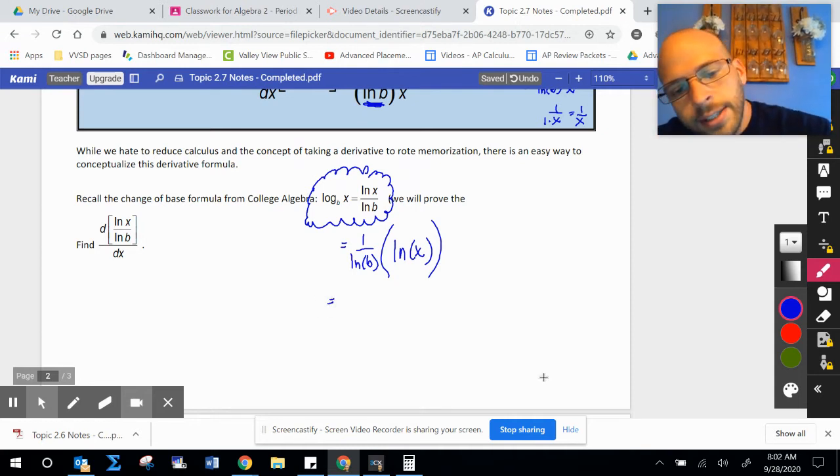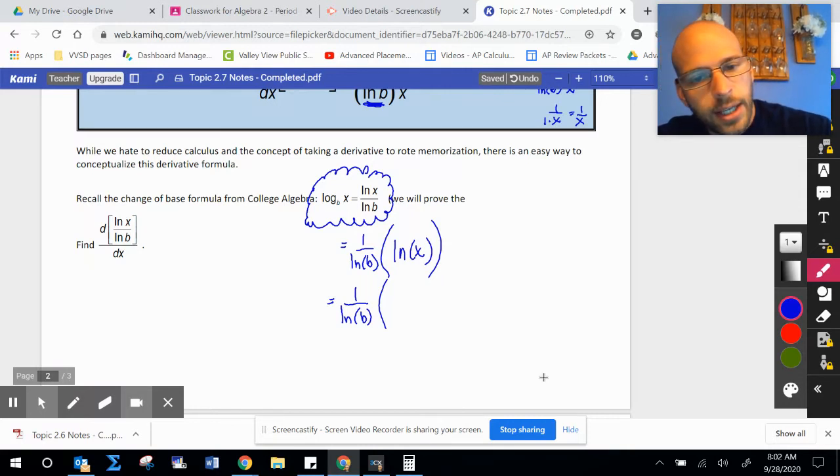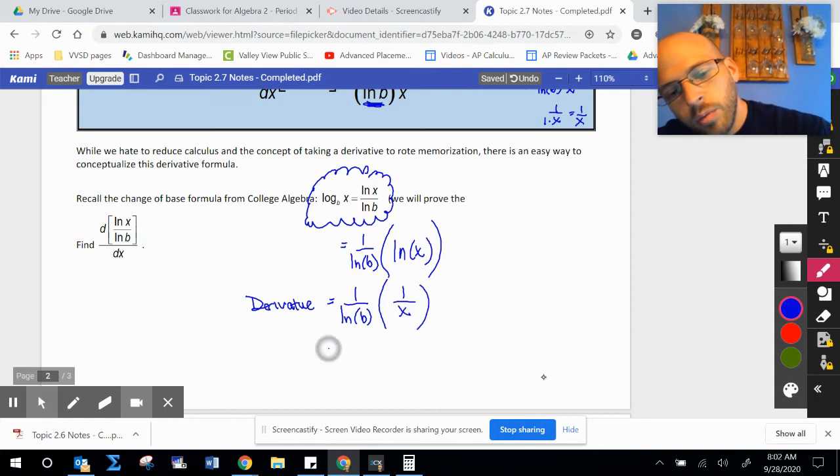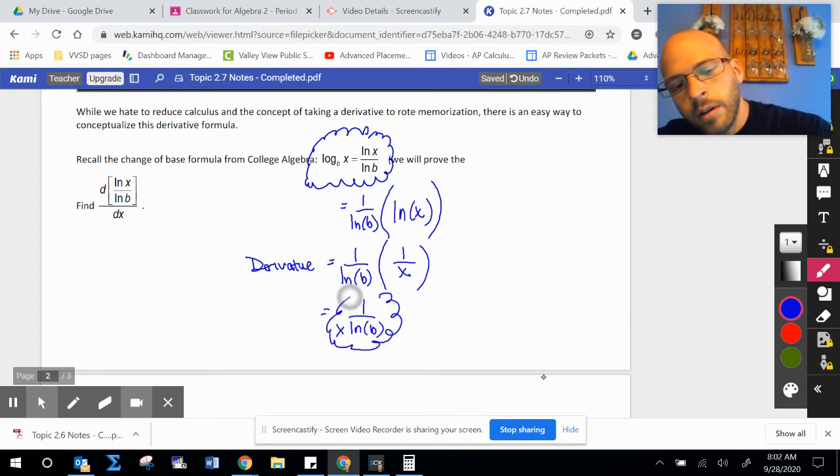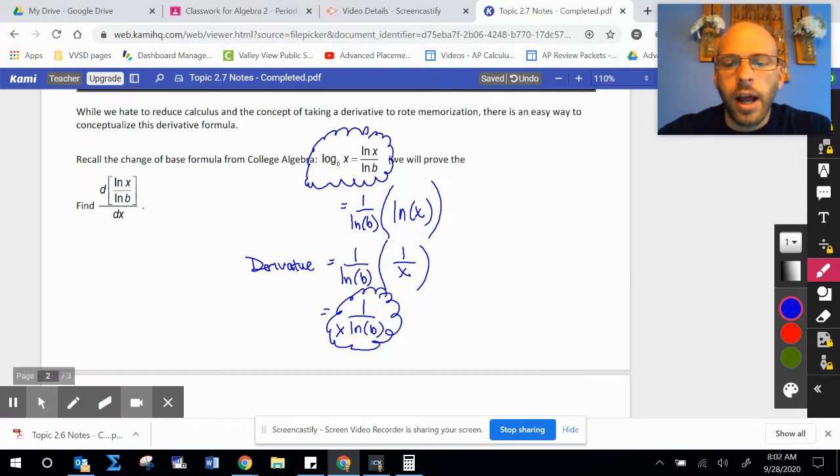So if I take the derivative, I don't need to take the derivative of a constant multiplier, but the derivative of ln x is 1 over x, which gives me 1 over x times the natural log of b. And this is where we're at, okay? So I want you to be aware, I still have a 1 over x if it's not a natural log, but in the denominator, you're going to get a natural log of the base with it, okay?